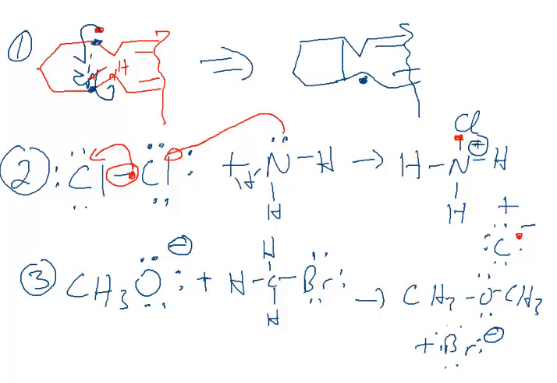So you can see that over here oxygen has picked up the CH3 group, and we've kicked out a bromine. So a bond is being formed between this oxygen and carbon, from one of the electron pairs here. Again, the tail of the arrow is where the electrons are coming from, the head is where they're going to.